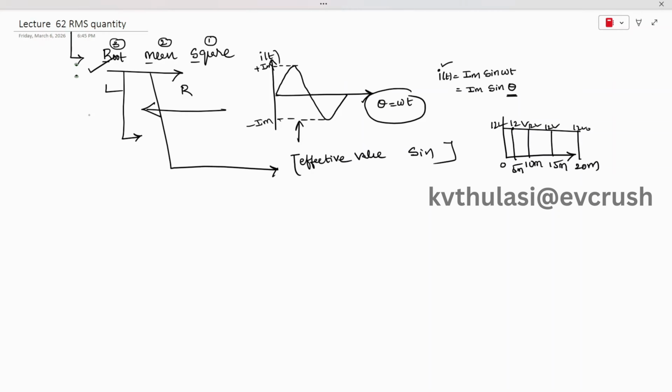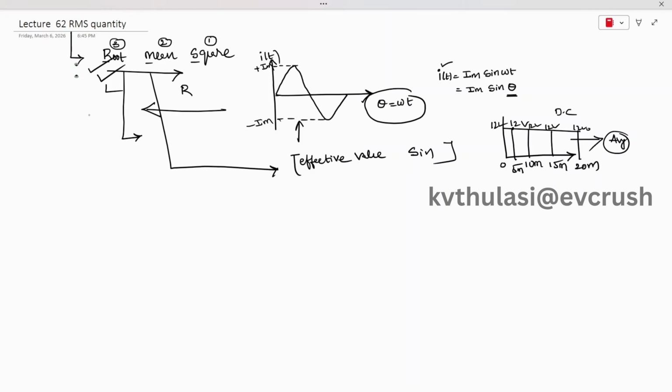Whenever the voltage is fixed, we can directly calculate the average value, since it is a DC supply. For altering quantities like sinusoidal, we cannot directly find the average value. The best way of representing or measuring this value is called root mean square.